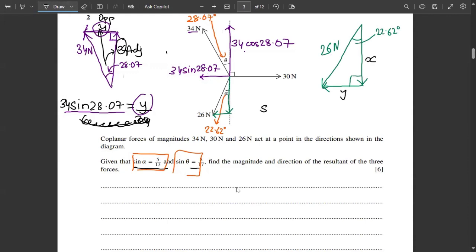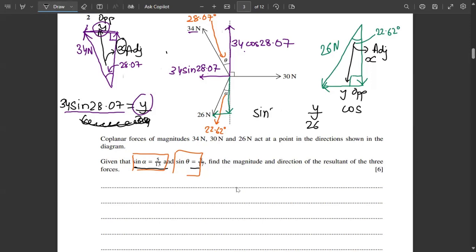So if I use trigonometry, sine x, this is the opposite side, this is the adjacent side. So sine x is equal to y upon 26. Similarly, sine 22.62, one second, let me write it properly.